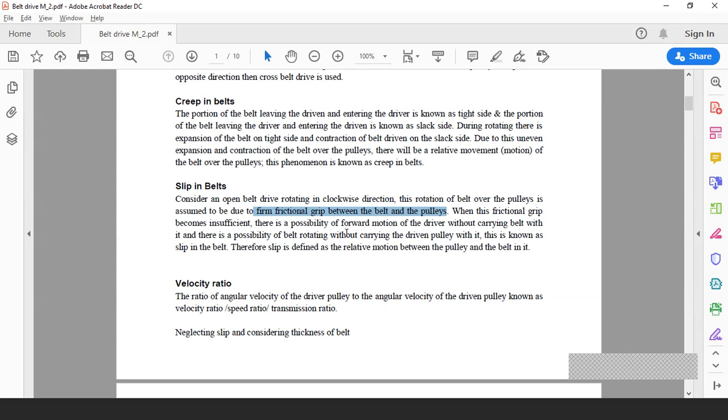The belt then tends to move without contacting the pulley surface, and the pulley rotates without carrying the belt. This relative motion between the pulley and belt is called slip in the belt. Slip is the phenomenon where the belt tends to leave the pulley and the pulley tends to rotate without carrying the belt, because of improper frictional grip between the belt and the pulley surface.